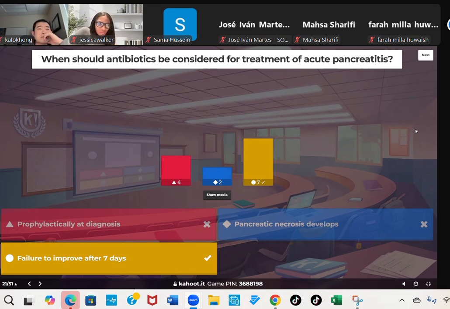A lot of times acute pancreatitis is not related to infection. Pancreatic necrosis is death of the tissue, not necessarily infection of the tissue. So necrosis does not indicate antibiotics. It's failure to improve after 7 days where we start antibiotics. So we're giving them enough fluids, we're giving them medicine to control their symptoms, and they're not getting better after 7 days. We need to throw on an antibiotic.